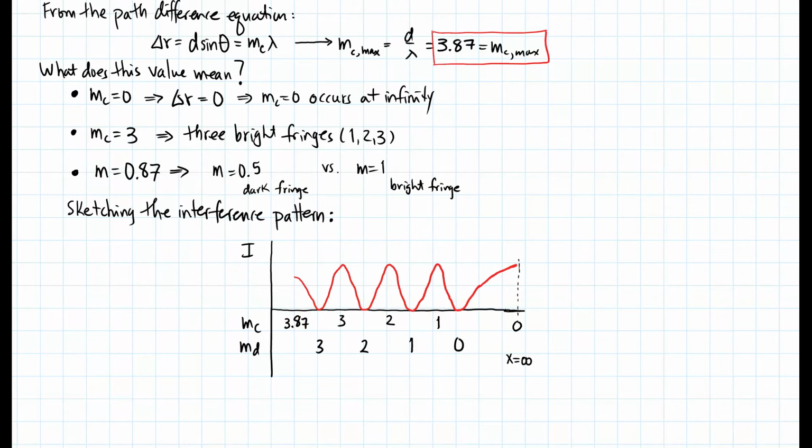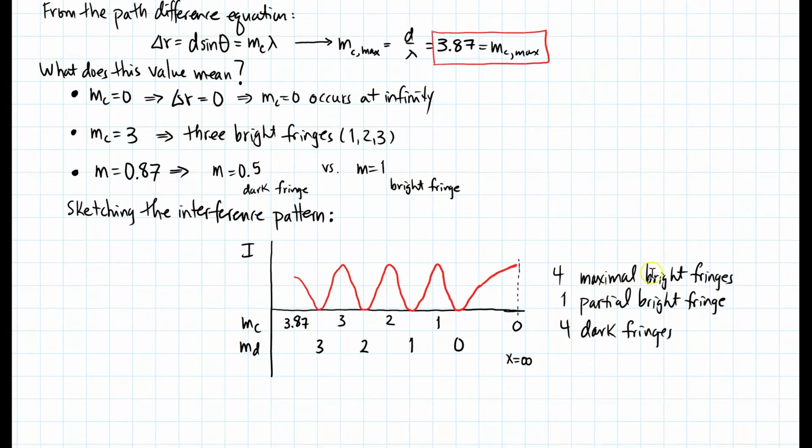So if I look at the number of dark fringes, I see 4 of them. How many brights do I see? I see 1, 2, 3, 4, and then I get a partial max. I'm going to get 4 maximal bright fringes, 0, 1, 2, 3, 4. I get 1 partial bright fringe, which is at 3.87, and I get 4 dark fringes, 1, 2, 3, 4.